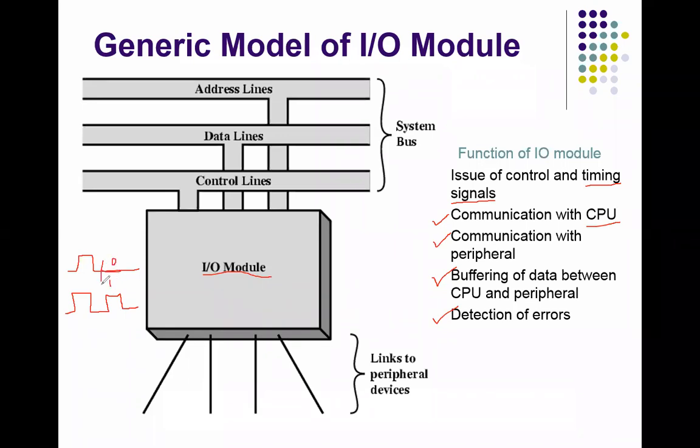It may happen, right? So this kind of error detection is also done by the IO module. We have even seen the error detection and correction techniques in our previous unit. So these are the functions of the IO module.